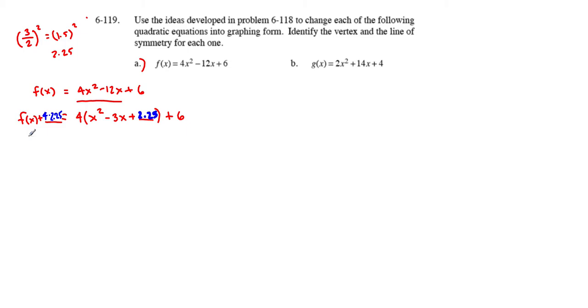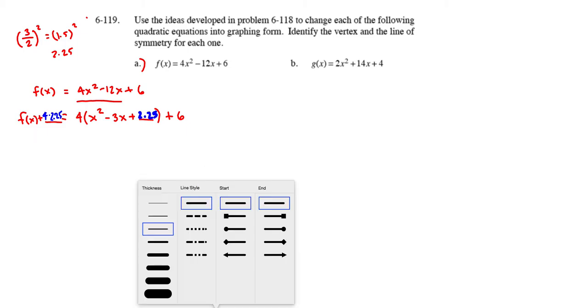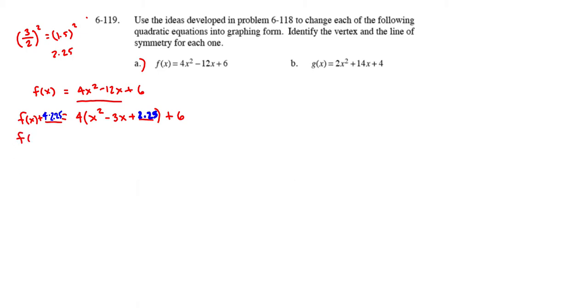So we're really saying here that we've got, I want to make sure you're able to read it, f of x plus 9 equals 4. And then we can factor this. This should be 4 times the quantity of x minus 1.5 squared plus 6.